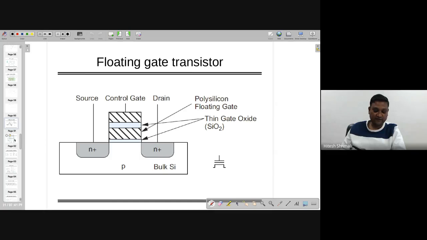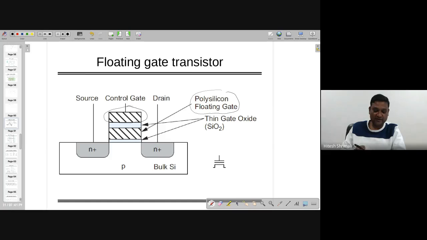Instead of having just one metal contact or one control gate, you're going to have one more polysilicon floating gate, which is between two silicon dioxide layers.